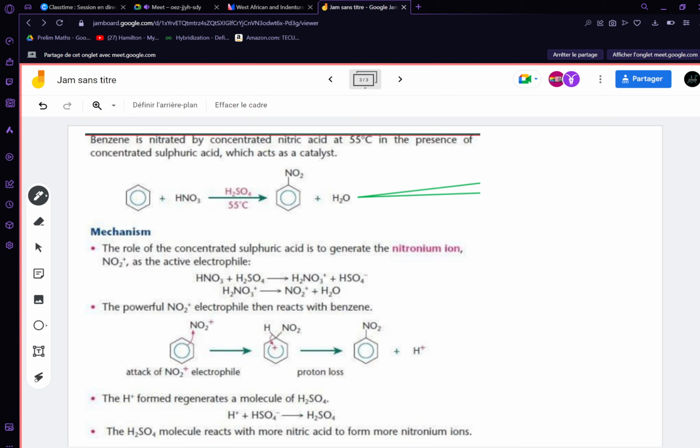Now, the first step that we need to do is show the formation of the nitronium ion, which we use. So when somebody asks you, what is the mechanism of the nitration of benzene, before you start anything, we create our electrophile.